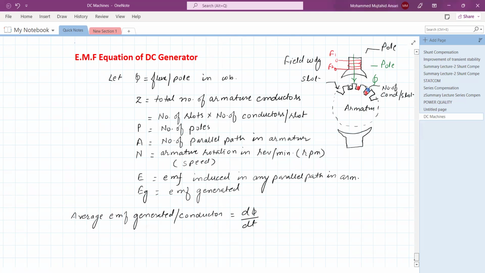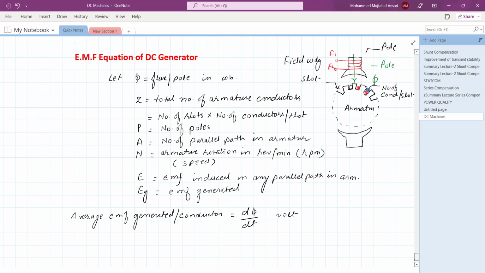It is the rate of change of flux. Suppose one conductor completes one rotation. Then the total flux cut by the conductor is d phi, and the rate of change of flux is Weber per second, with time in seconds. So this is nothing but the volt.